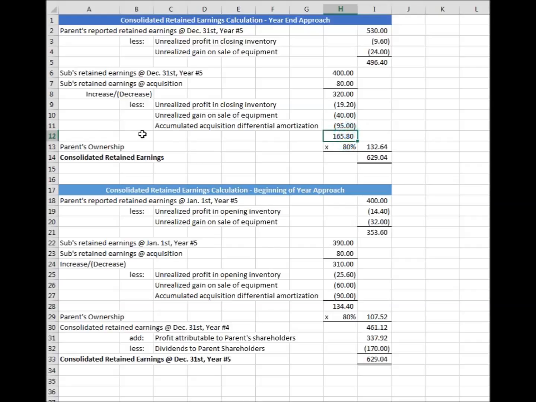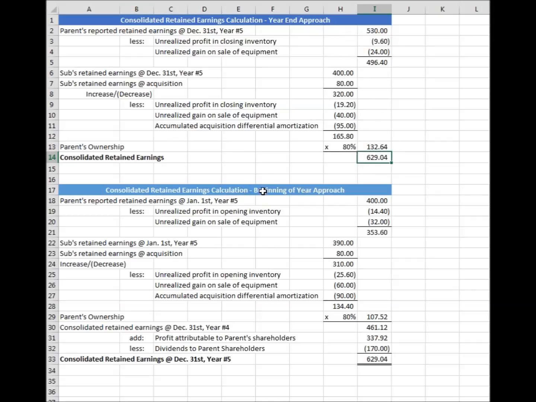And then we should get an adjusted retained earnings of 165.8. We'll multiply that by 80%, giving us 132.64. And then we can add those two together to get our consolidated retained earnings. And that's it for the consolidated retained earnings calculation.